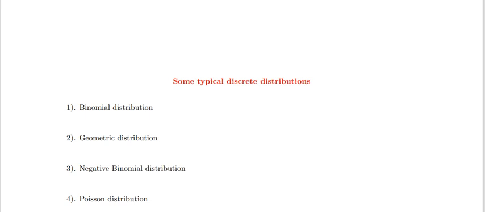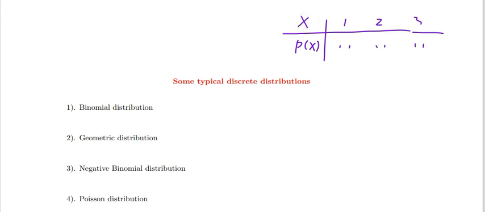Okay, so those are probabilities. What is the chance? Like this case, case 1, what is the probability? Case 2, what is the probability? Case 3, what is the probability? Okay, so we can put all those probabilities together, and we denote case 1, case 2, case 3 by a random variable.